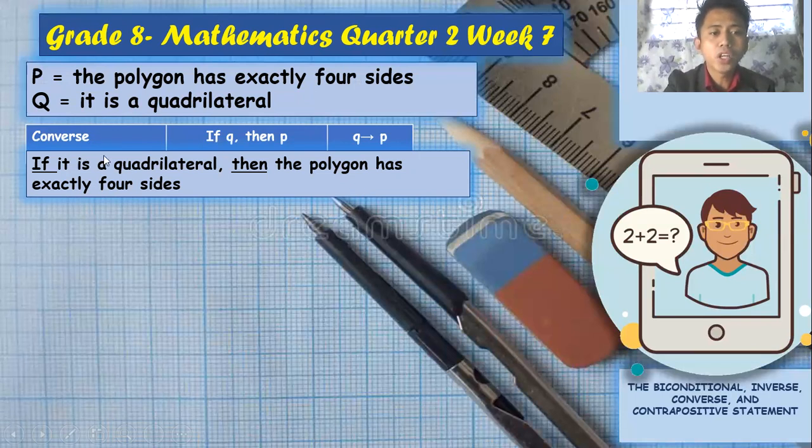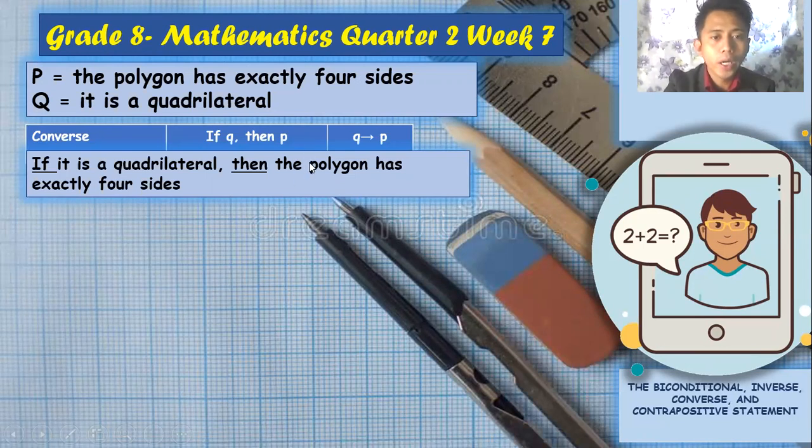By using the converse pattern, "if Q then P", or Q implies P, we have the first word "if", copy the word "if" here, then followed by Q. What is our Q? It is a quadrilateral. Then followed by the word "then".